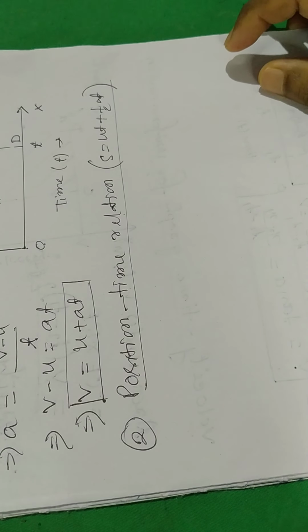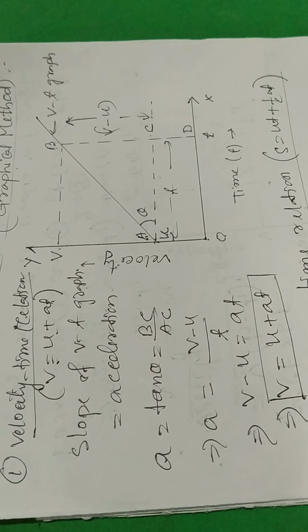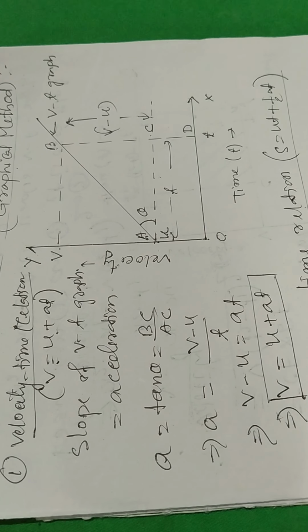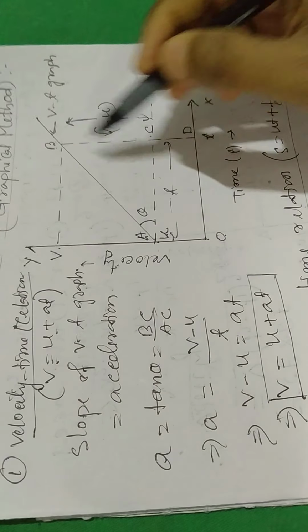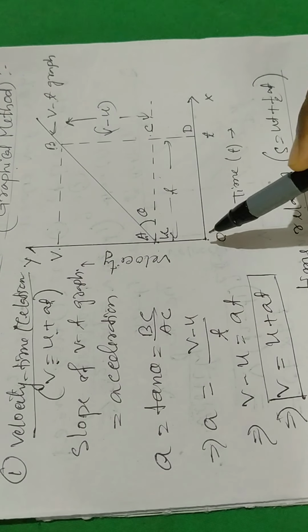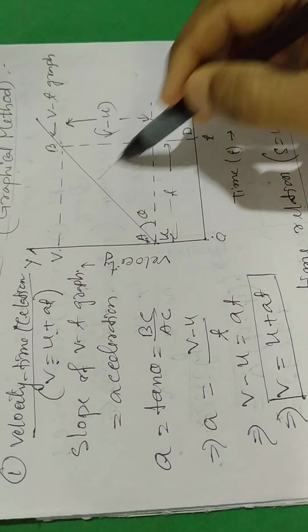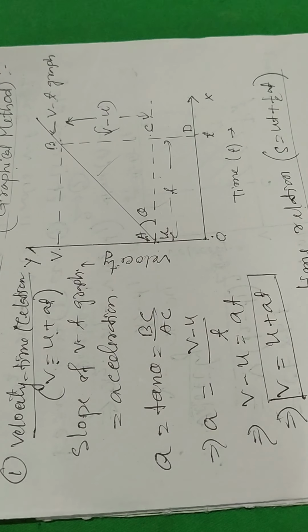To derive the position time relation, we have to take the area under the VT graph. Already I have discussed in the previous video that the area under the VT graph represents displacement. So if you take the area OABD, that will be equal to displacement.